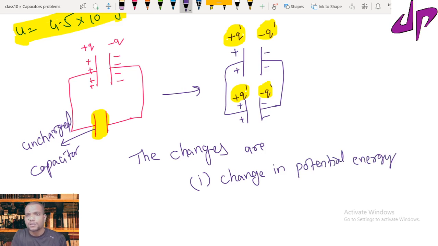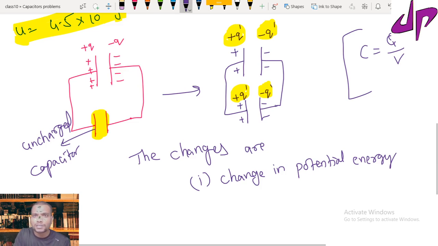If you remember the formula, capacitance C equals Q by V. After connecting the uncharged capacitor, automatically the charge is reduced. The Q will be changed. If Q is changed, obviously there is a change in the potential, but capacitance should remain the same. So that is the first change we can observe.